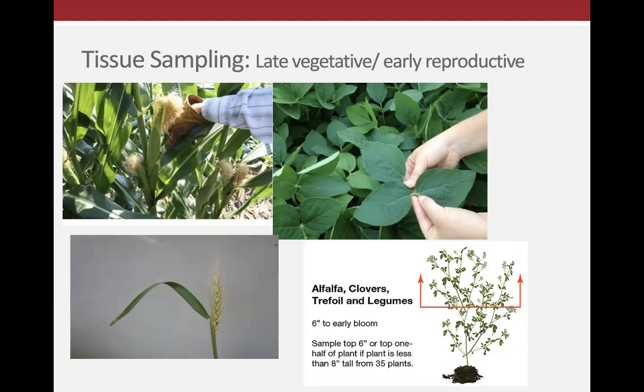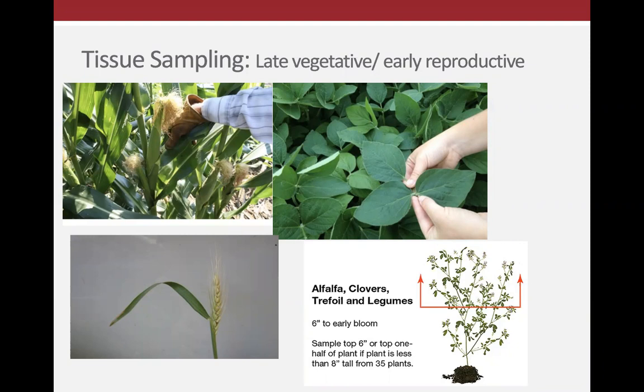So for corn, that means right at essentially tasseling, or when the silk's coming out and those ears are forming. For soybean, it's typically an upper trifoliate, maybe somewhere around R1 to R3. That's reproductive phases 1 through 3. For a small grain, it would be a flag leaf, which is the last leaf that emerges, right after boot stage and right before that seed head emerges.